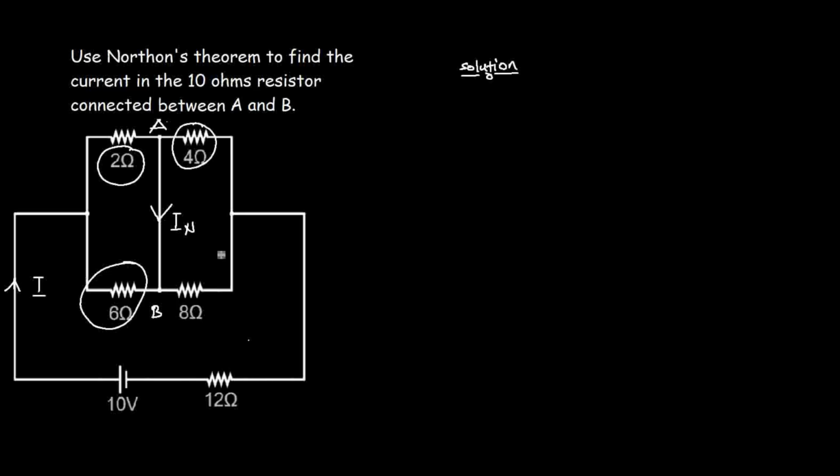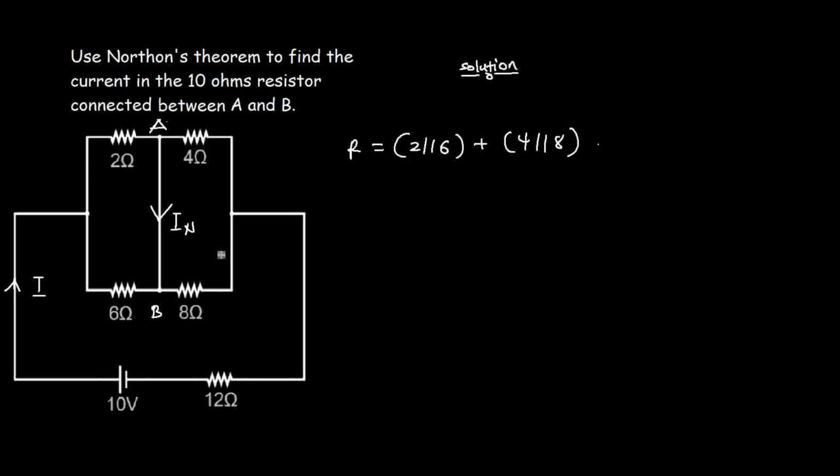So we will have the total resistance equal to 2 parallel 6 plus 4 parallel 8 plus 12. So let's calculate the total resistance.